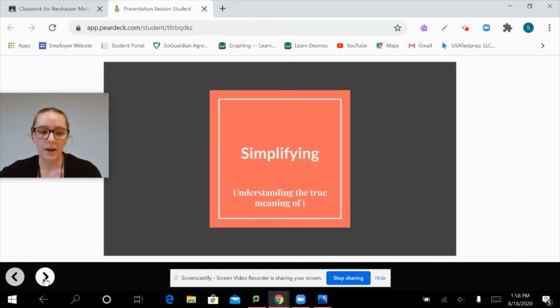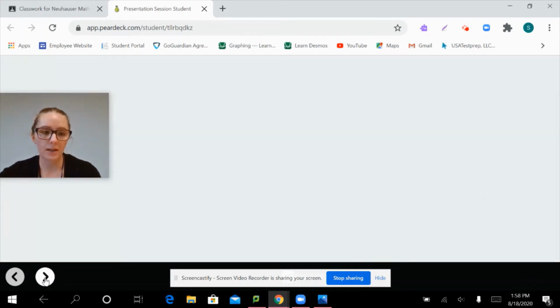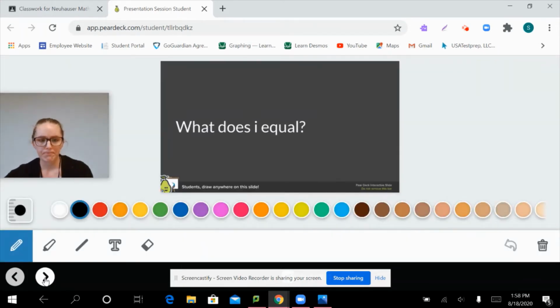And then we're going to talk about simplifying. When we're talking about simplifying, we're talking about i, and i is an imaginary number, or the imaginary part of the number. I want you guys to do your best to answer this question, whether you have to look back at your notes from Math 3 or Math 2, or if you have to Google it just to get an answer to this one.